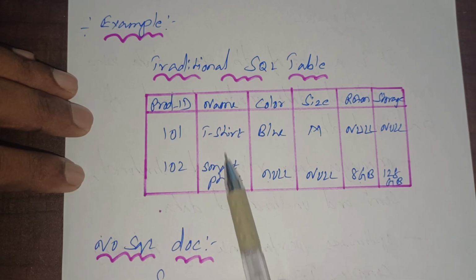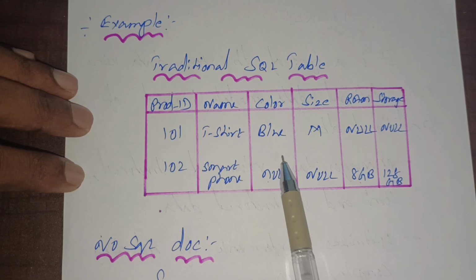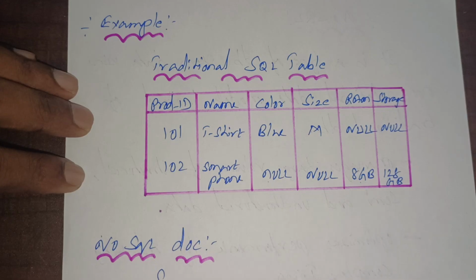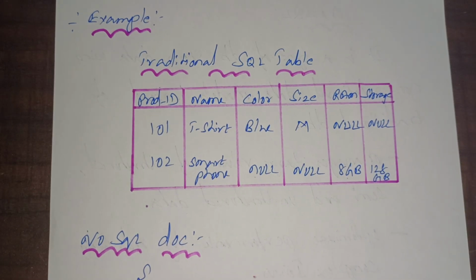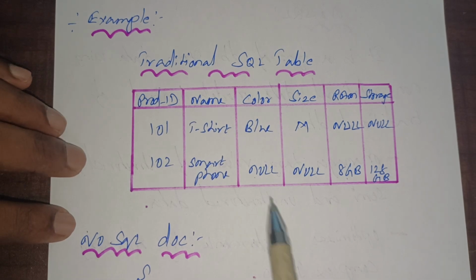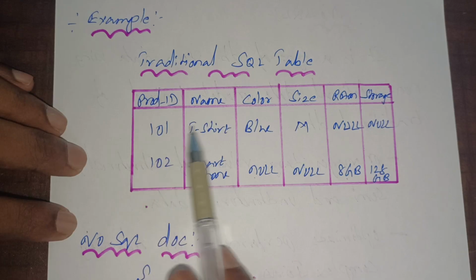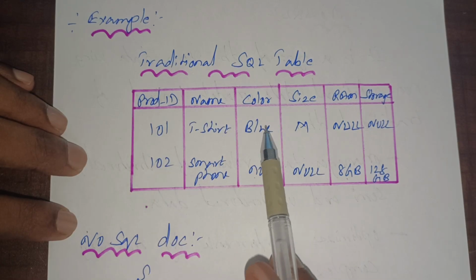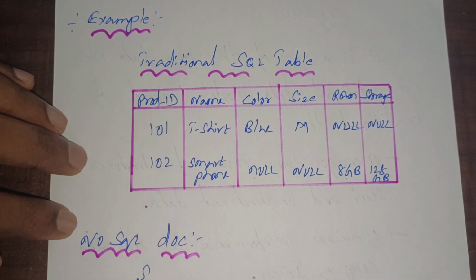To differentiate the two, I intentionally made color and size null here. It is not that the phone doesn't have a color or size, absolutely it has. My intention is to differentiate from a t-shirt, for which color and size are necessary, whereas here they are optional.